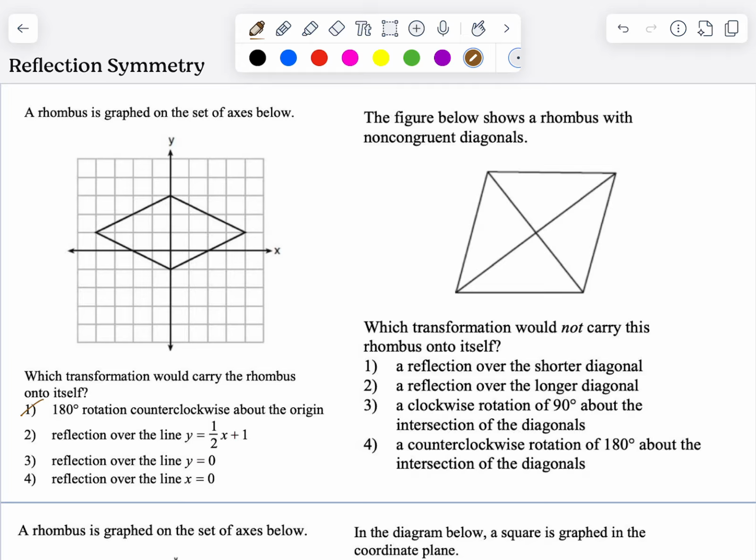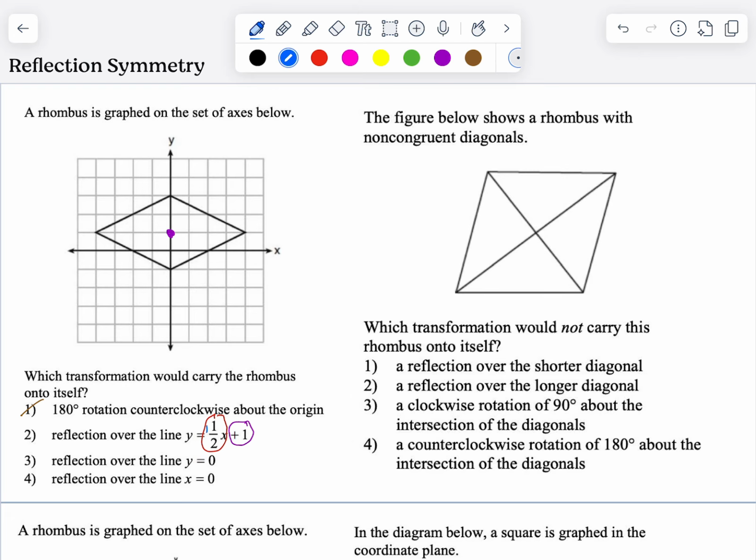When they give us the equation of a line, remember from Algebra 1 that we start graphing with the y-intercept, which here is plus 1. That means the line is going to intersect the y-axis at positive 1, which is right over here. The slope tells us how to move to get more points. Remember, slope is rise over run.